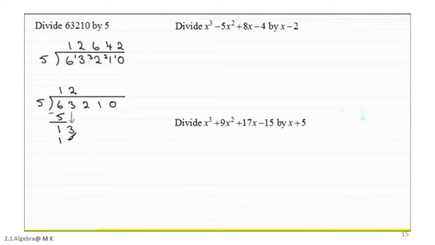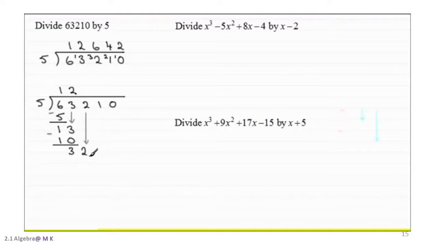Okay, so put that underneath there. We now subtract to work out what the remainder would be. 13 take away 10, 3. Just as we had here. We carried that 3 across to the 2 to make 32. So we just bring down the 2 and we now have 32. And we start all over again.